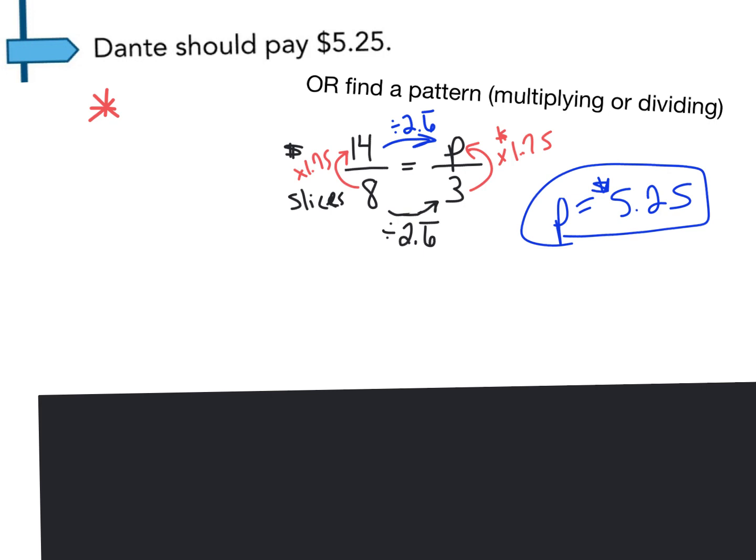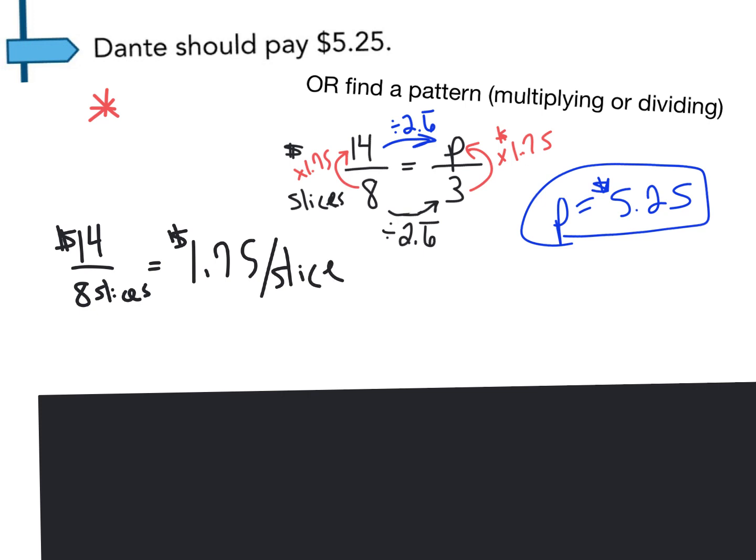And I can show you in a minute about the calculator, how you can work that out and keep that answer in the calculator. Another option, I know this is option upon option here, but another option you could do is it's $14 for 8 slices. You could find the unit rate. So if you do 14 divided by 8, you get 1.75, which means $1.75 per slice.